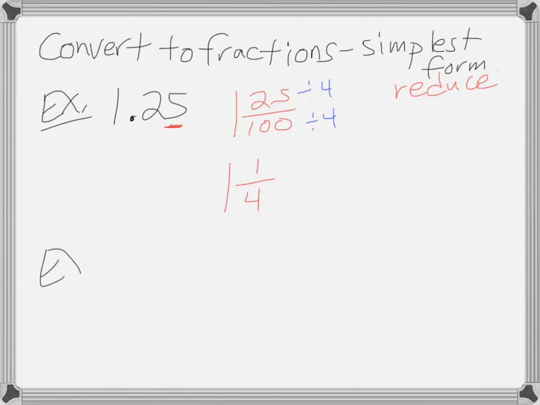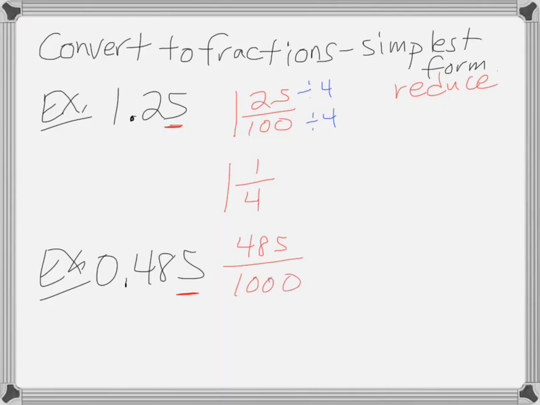Let's try another one. 0.485. So look at the digits. We've got tenths, hundredths, thousandths. There's no whole number, so it's just going to be the fraction 485 over 1,000.